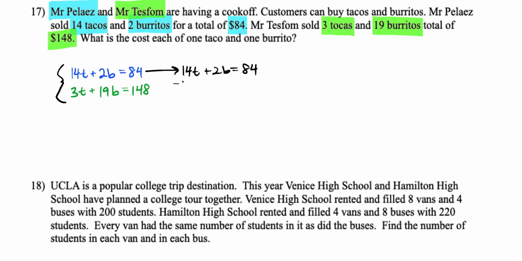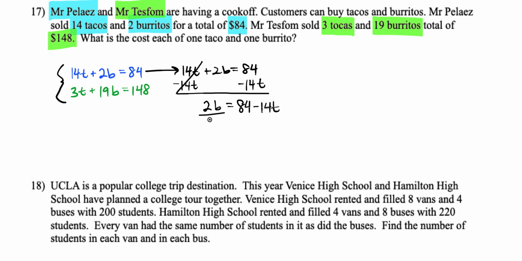So I'm going to move my 14t to the other side because I want to get my b by itself. That's going to leave me with 2b is equal to, remember, I cannot do 84 minus 14 because they're different types of numbers. They are not like terms. So I just leave it as 84 minus 14t.